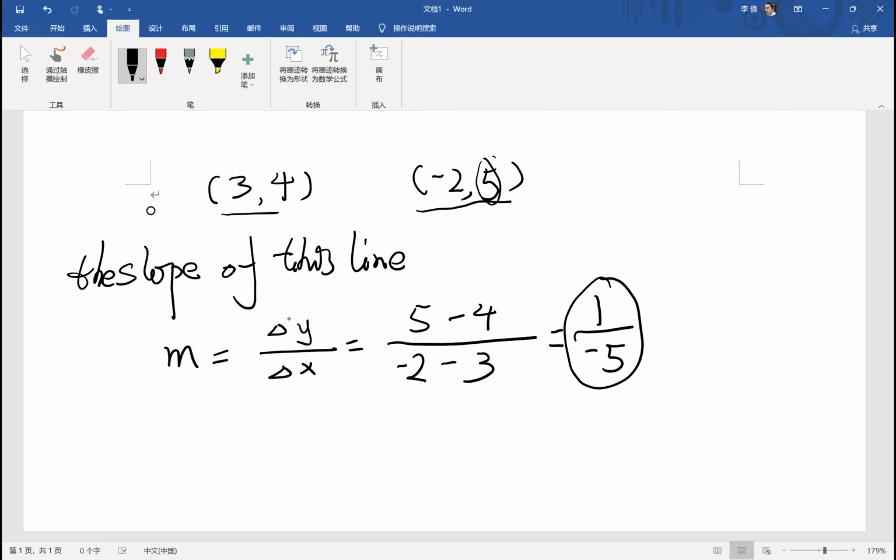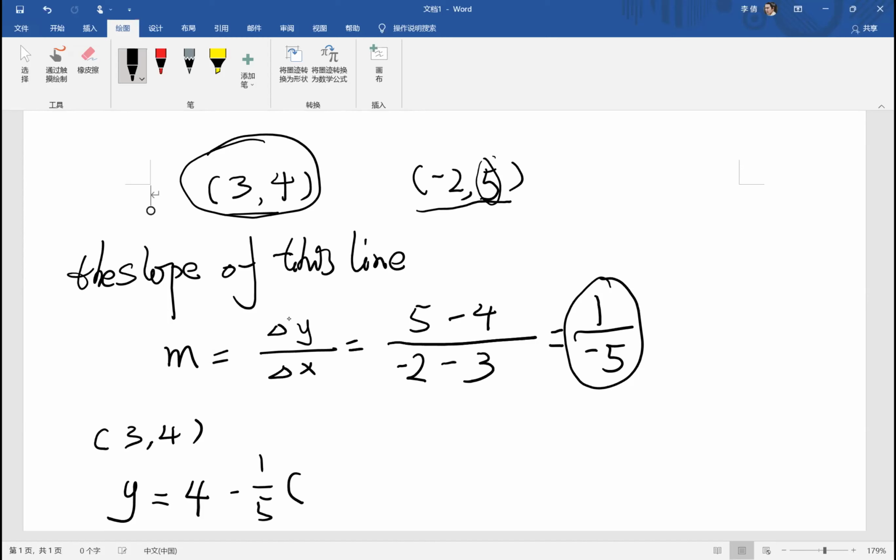We know the slope of this line, and then we can choose one point on this line, right? If we choose 3, 4, then the equation of this line will be y minus 4 is equal to -1/5 multiplied by x minus 3, right?